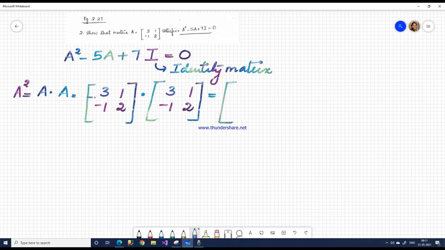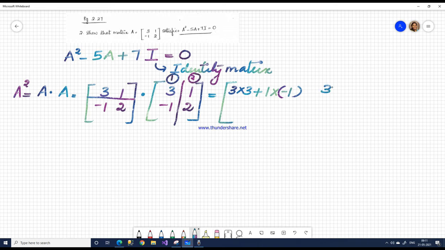So let's compute. This row multiplied with this column first. So it is 3 into 3 plus 1 into minus 1. Okay. Next, the same row multiplying with the second column. This is the second column and this is the first column.